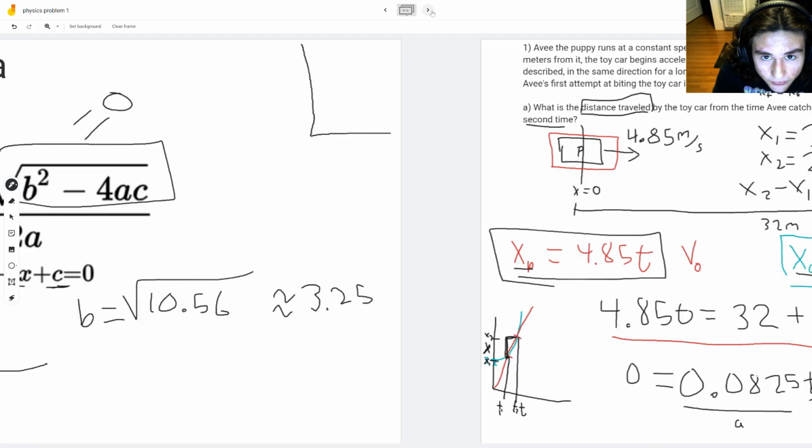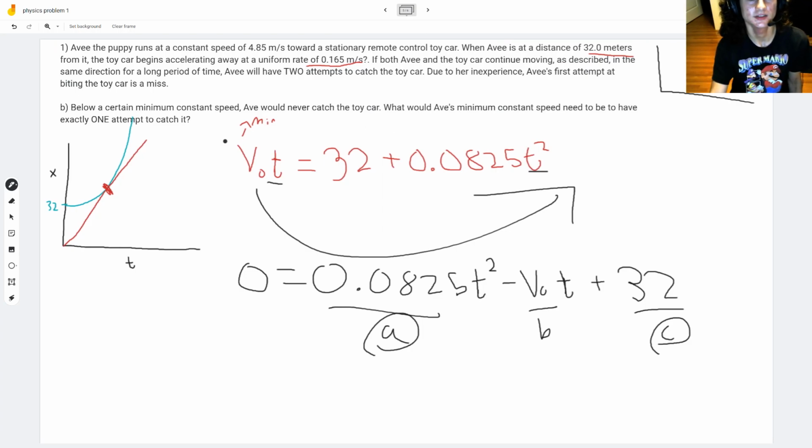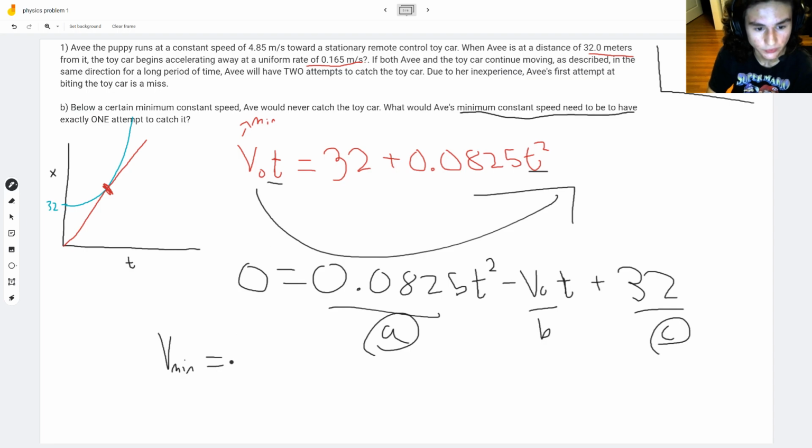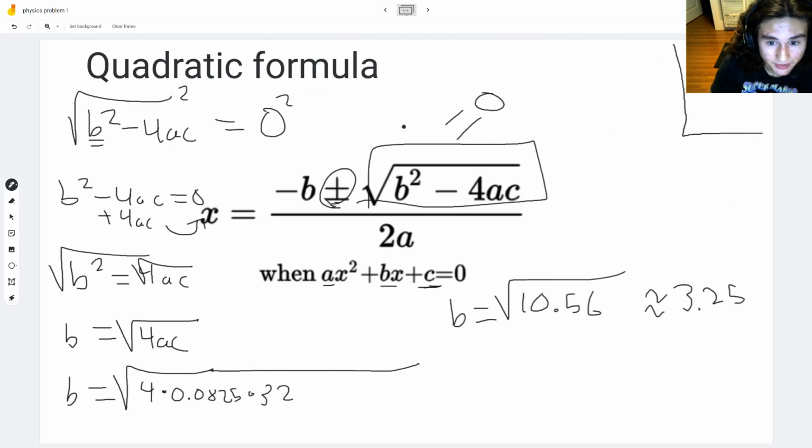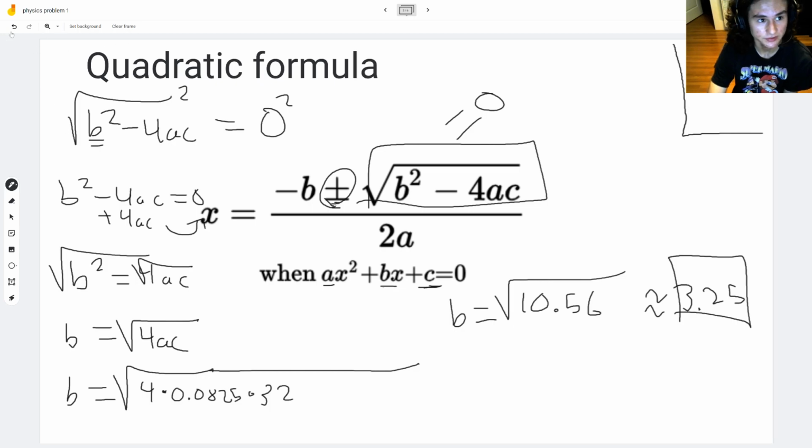So now if we go back to look at the question, it's saying what the minimum constant speed needs to be to have exactly one attempt at catching it. So basically we're going to say the velocity minimum is equal to, if we go back here, we see we get a value. We need to remember to include units on this though.